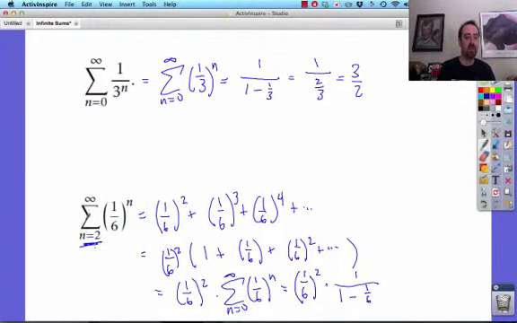Basically we take what this sum would be if we were starting at 0 and multiply it by the first term of the series, pardon me. Okay, so what do we get? We get 1/36 times 1 over 5/6, which reduces to 1/30. Okay, so it's the first term, 1/6 squared, times the sum of the geometric series.